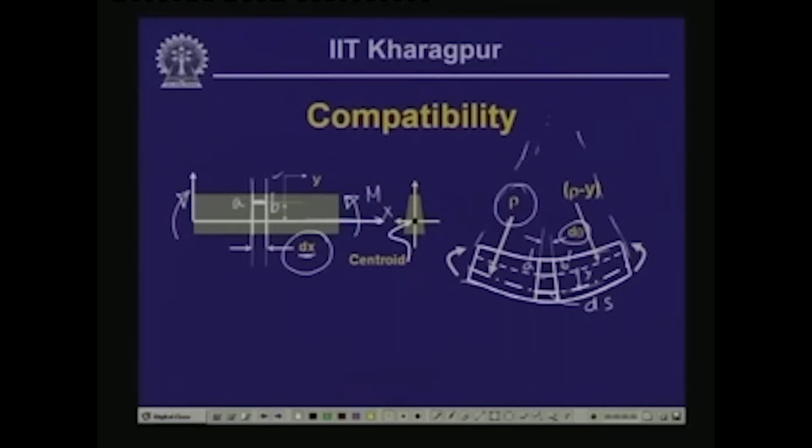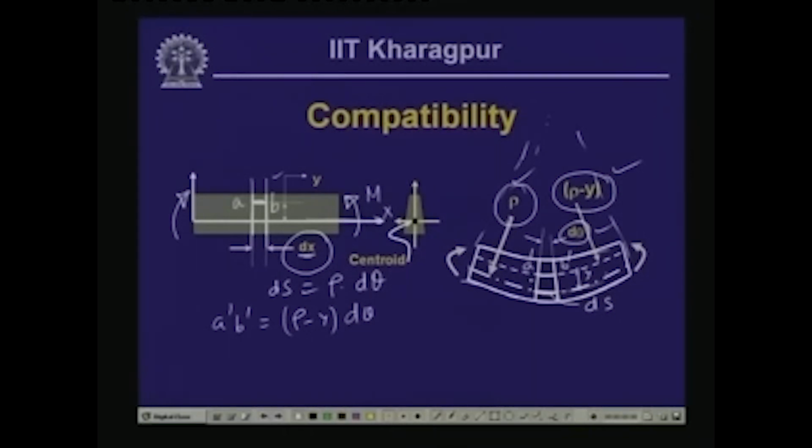Hence, the radius of this particular arc is equal to rho minus, rho is here and this is y, so this is rho minus y. Now, this particular distance ds from the radius r and this angle d theta, we can write this as rho d theta, and the segmental distance A dash B dash, we can write this as equal to rho minus y times d theta.